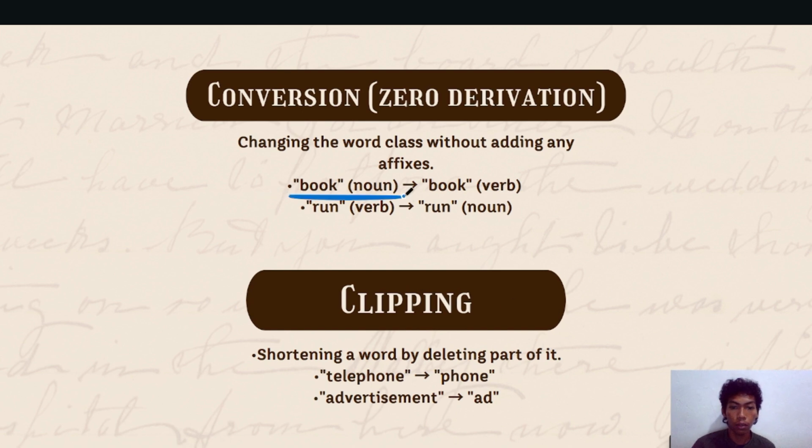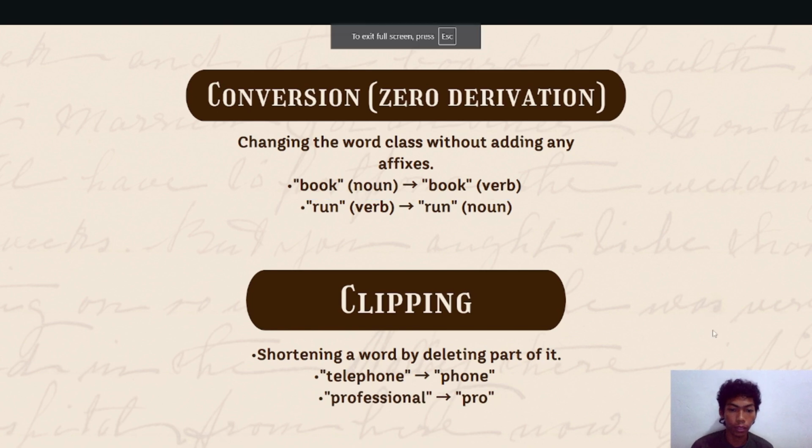Book can be a noun and can be a verb. In the context of book as a noun, it's like a novel, diary, or assignment book, and book as a verb is reservation, like a reservation for a hotel.